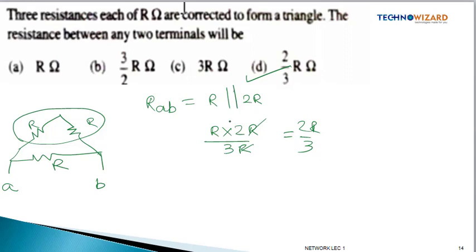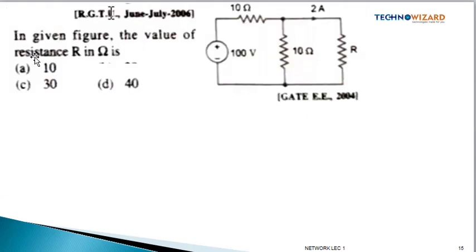Option D is correct. So next question, in the given figure, the value of resistance R in ohm. Okay, so this is a figure and we need to find out the value of R. So we'll simply apply nodal analysis. For example, in this loop current flowing is I1, and in this branch current flowing is I2, and in this branch current is already given as 2 ampere.